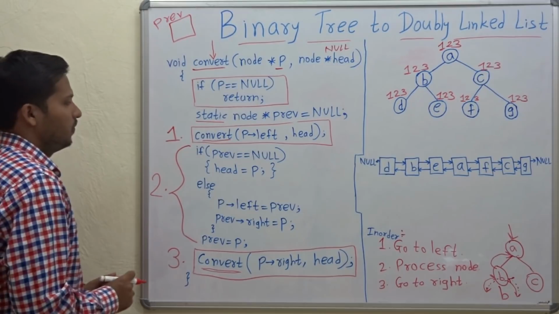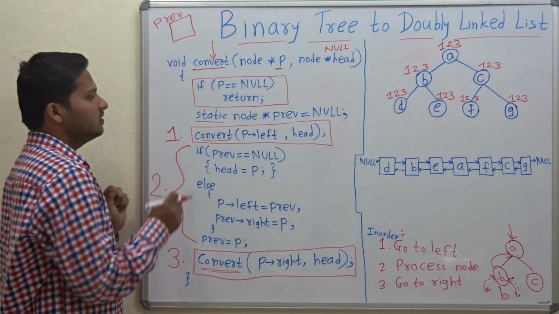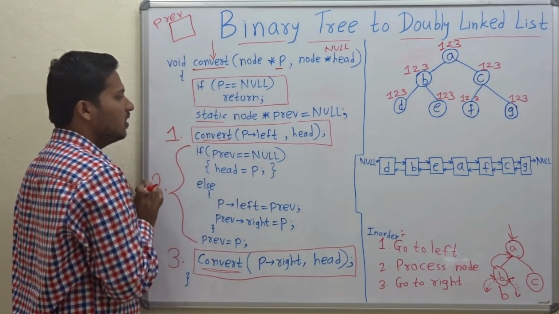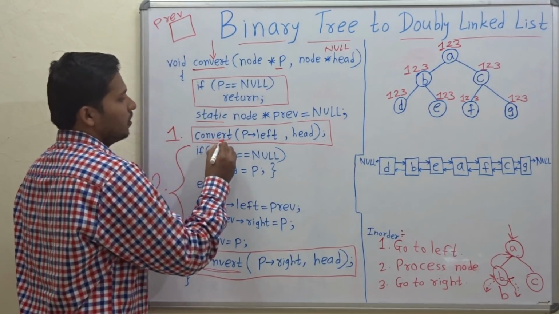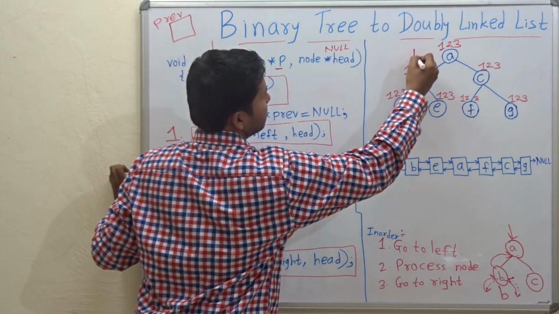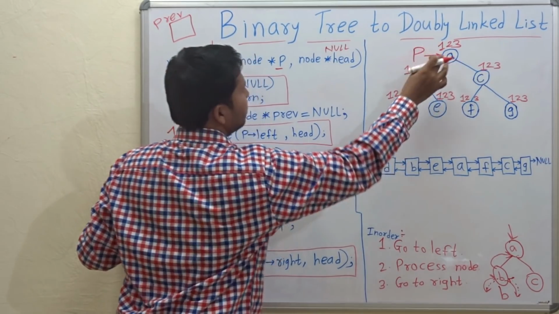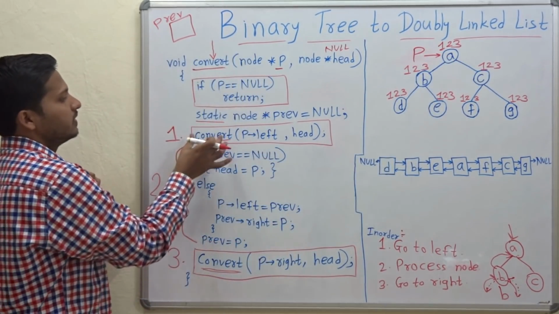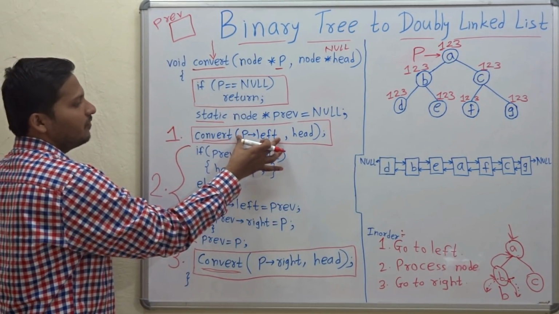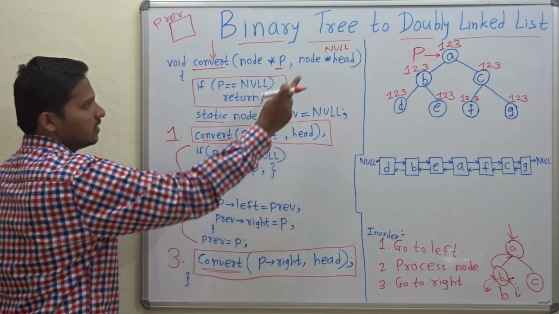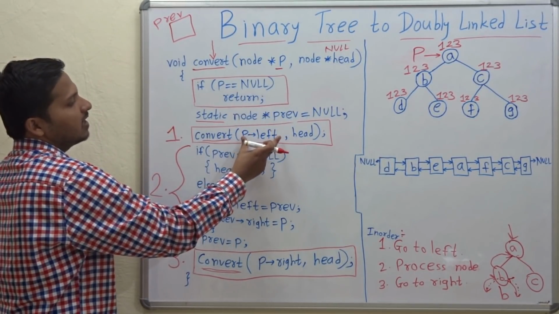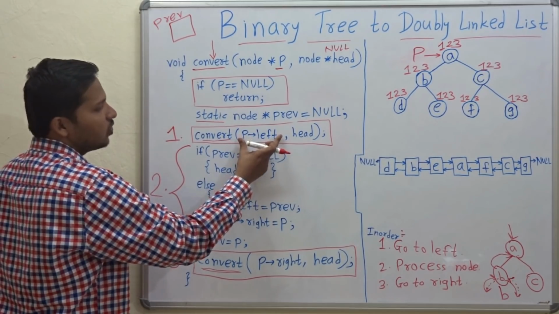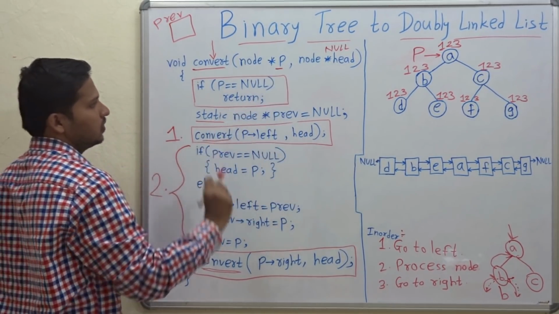Now let's go to the next line, that is the first line of in-order traversal. As we are at the root, p points to the root, we have to go to the left of that node, and the parameters passed are the left child of p and the head node.